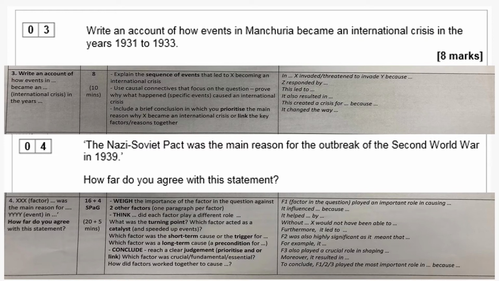So the crisis was for the League of Nations, because we're now in a situation that they had to respond, and that's where you will have detail about how they had to respond.